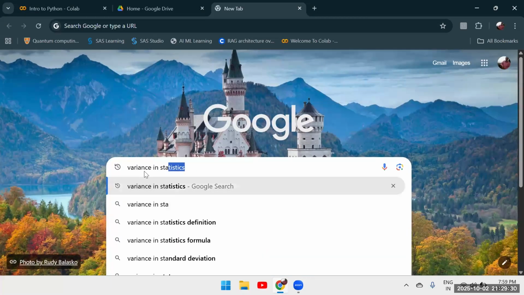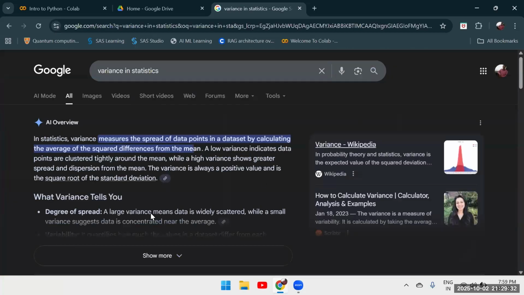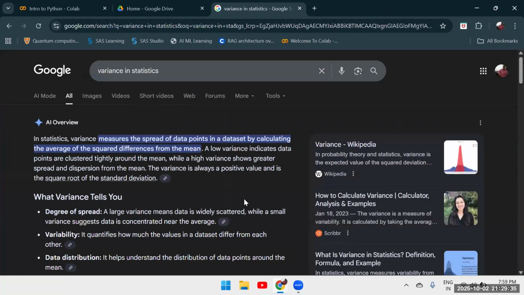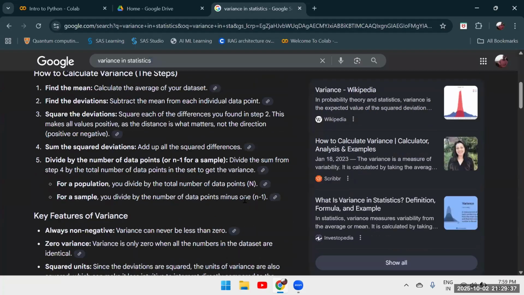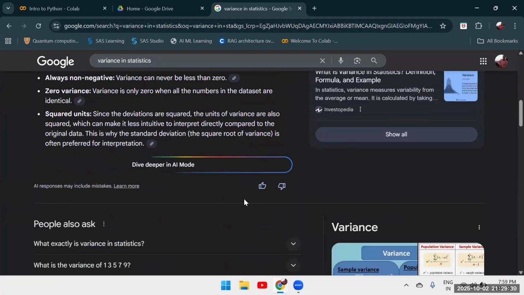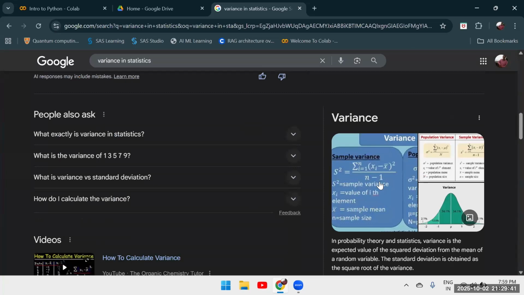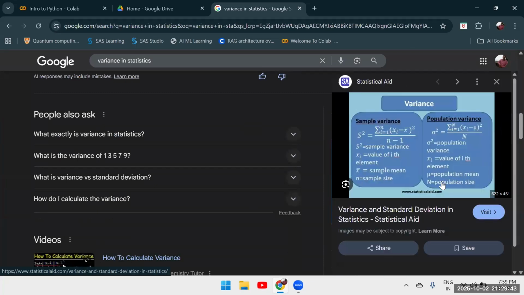Okay, so the formula for variance is this, right? As I told you, this basically indicates the spread of this data. So you see, this is how a variance is calculated. I hope you are able to see the screen, right? They have put the value x minus x bar, the whole squared. What is x bar?